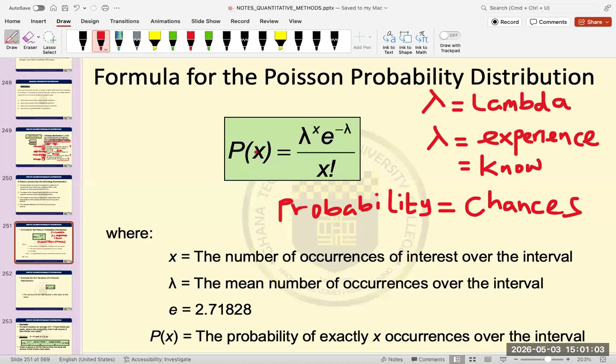As usual, once we know the shape of the chance, we must know the center, and then we must also know the spread.